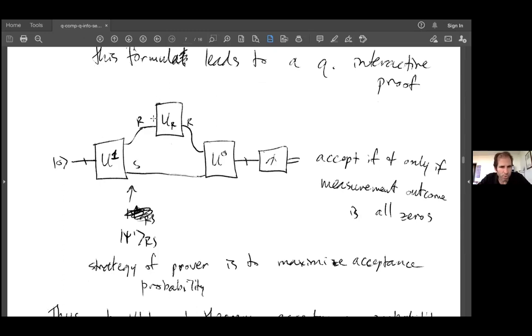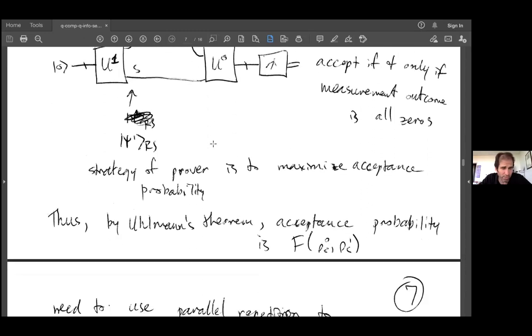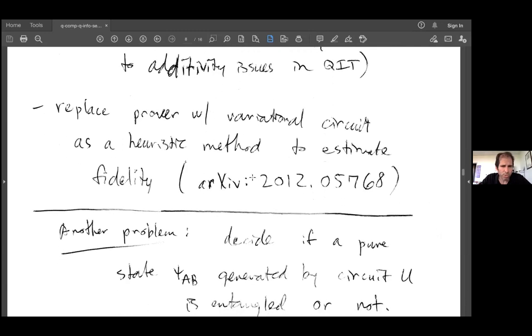So you can replace this prover by a variational circuit. You won't be able to realize an arbitrary quantum computation, but for certain states of interest, you could potentially calculate the fidelity. So this was proposed in a recent paper, and these authors, it's a colleague of mine, Xin Wang, and his co-authors.